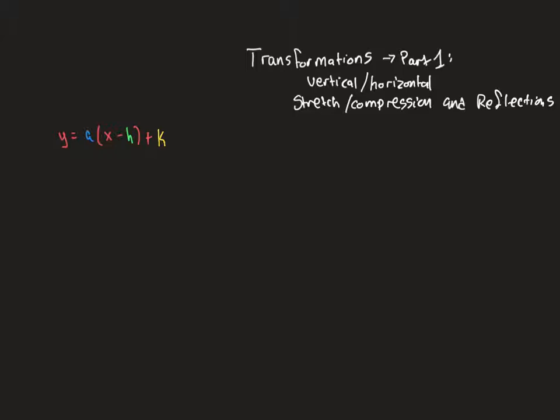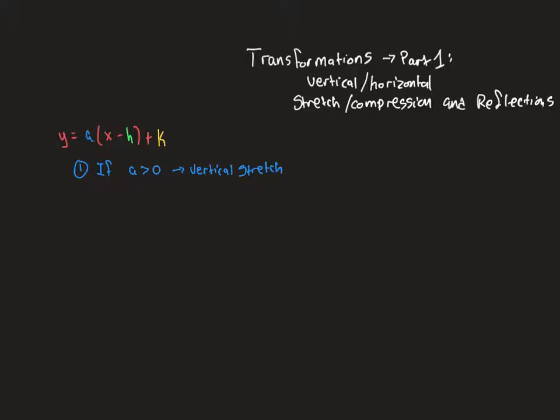So, in order, what would I look at? Well, number one, if a is greater than 0, then I have a vertical stretch.